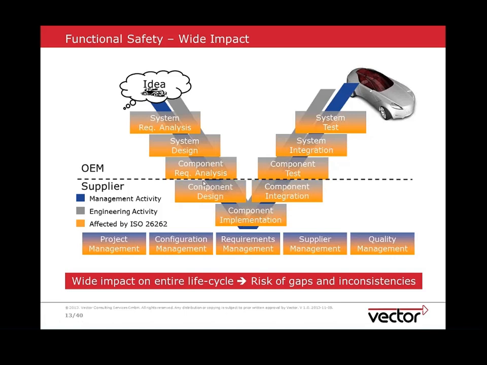We can also see in that picture that the ISO 26262 addresses both management and engineering activities. At times, people who are experienced with functional safety assume that it's primarily about engineering, that is performing fault tree analysis or hazard analysis, have the safety case, do all the necessary checks, and finally deliver this package.